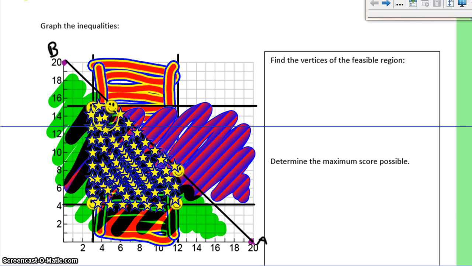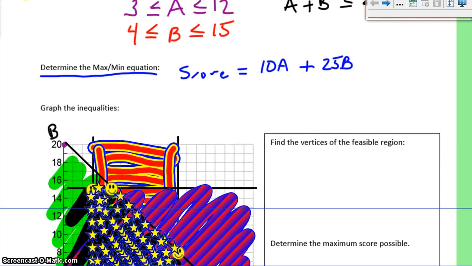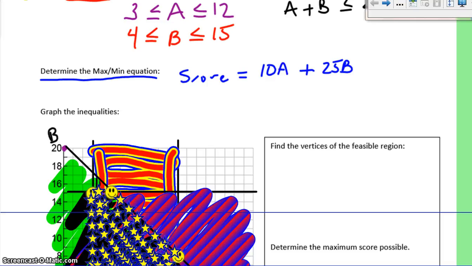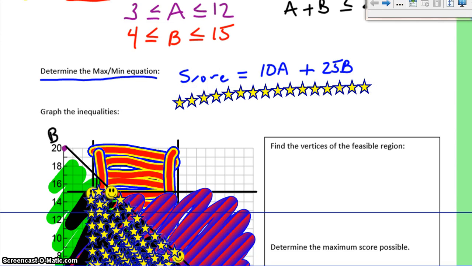So if I want to now take all of those points that I just shaded in and plug them into my score function in order to maximize or minimize, I would need to plug in every single one of those points into this 10a plus 25b and see which one gives me the largest number. Now, that is an impossibility because there are an infinite number of points.